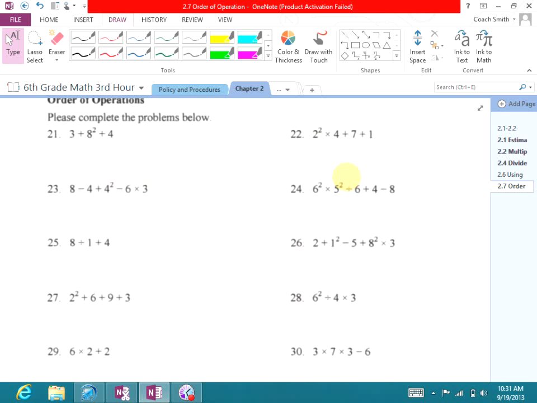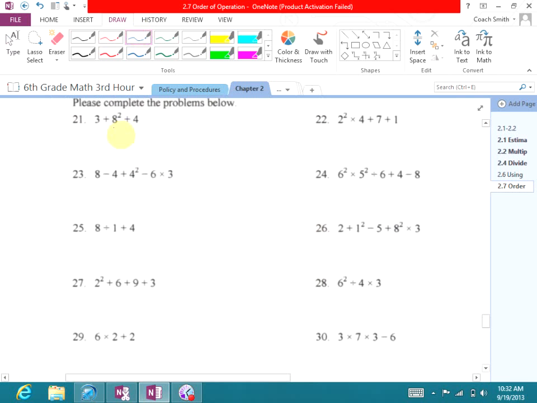Number 21 says 3 plus 8 squared plus 4. What do I have to do first? There's no parentheses, but there is exponents. Okay? So what do I do first in this problem? Joshua? Eight to the second power. Okay? Well, let's remember that 8 to the second power means 8 times 8.